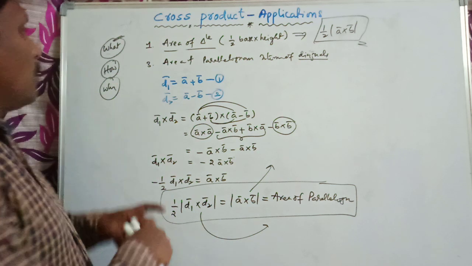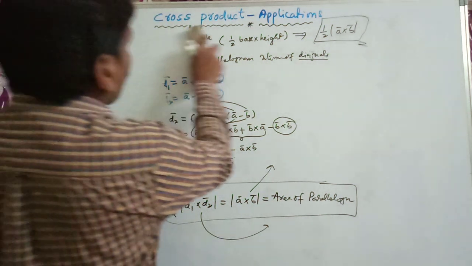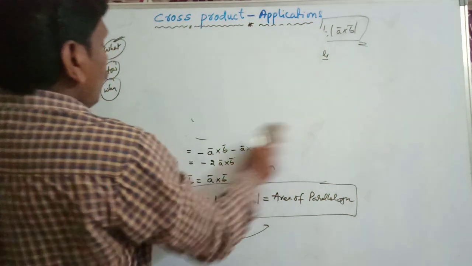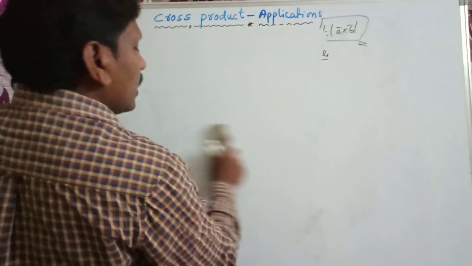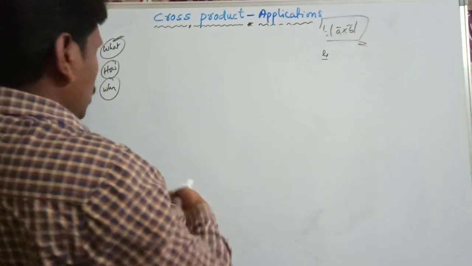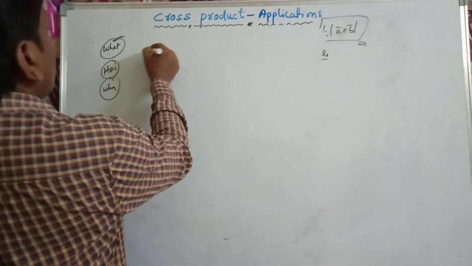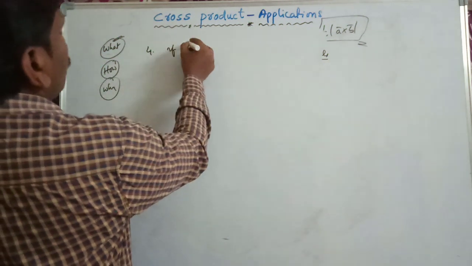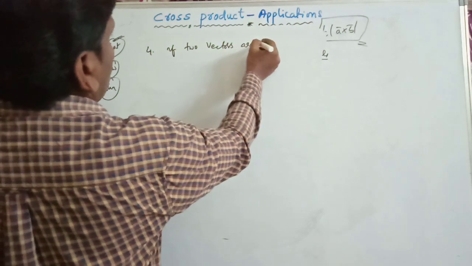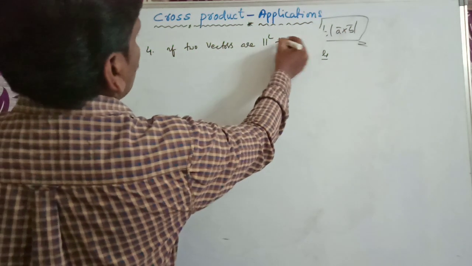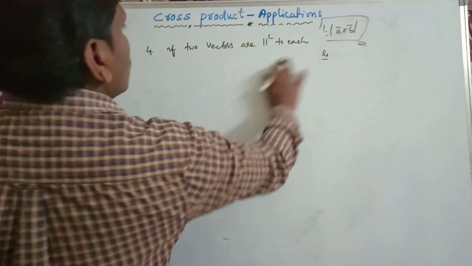Now I would like to explain one more thing here. If two vectors are parallel to each other, then what is the formula?